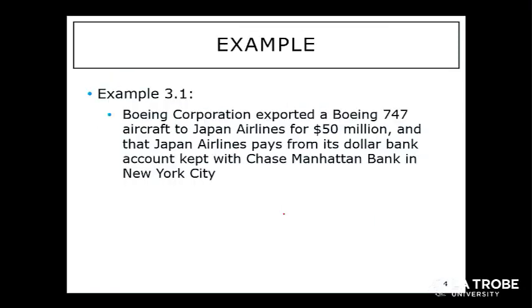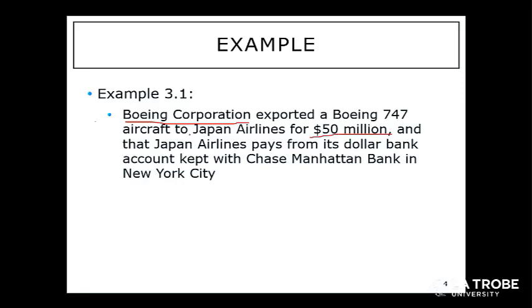For example, let's look at a few transactions between the US and another country. Suppose we are a US citizen, and we want to create a record for these different transactions. In this transaction, we have a US company, Boeing, and they exported a plane to Japan Airlines for 50 million USD.